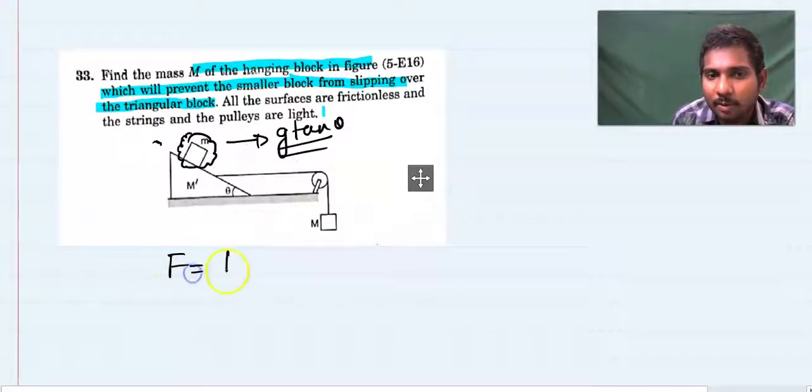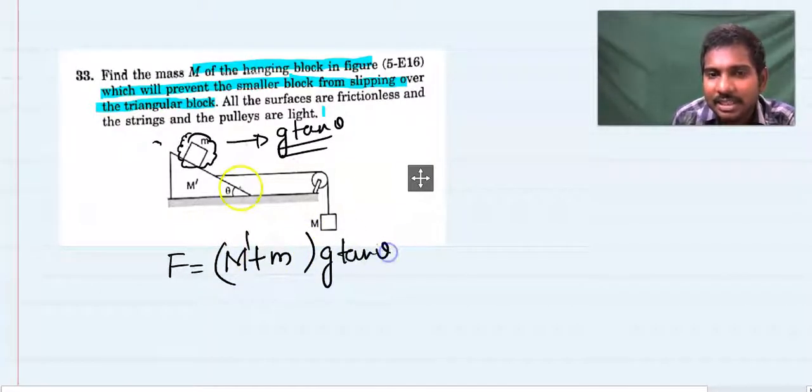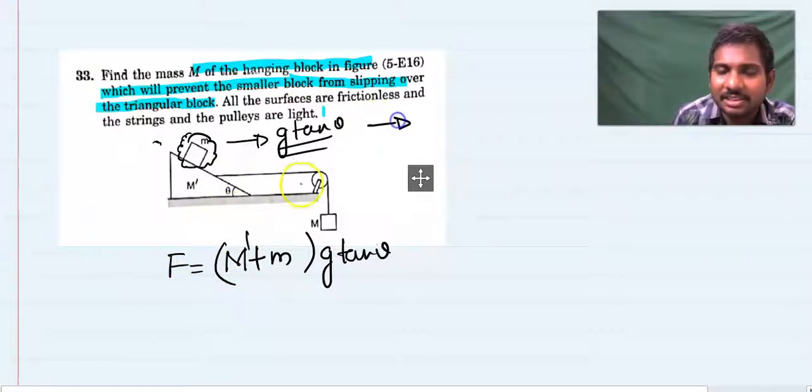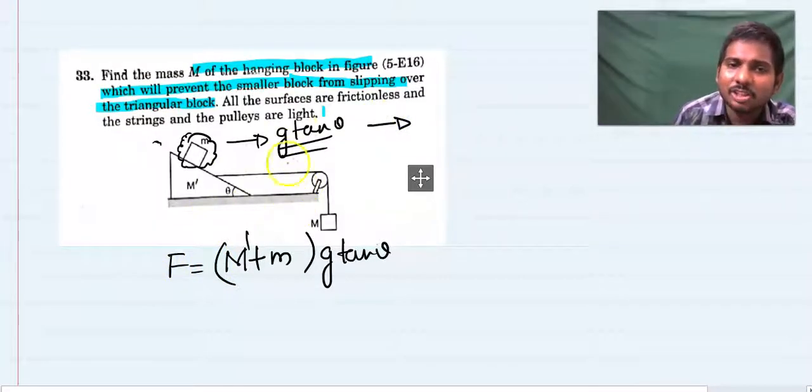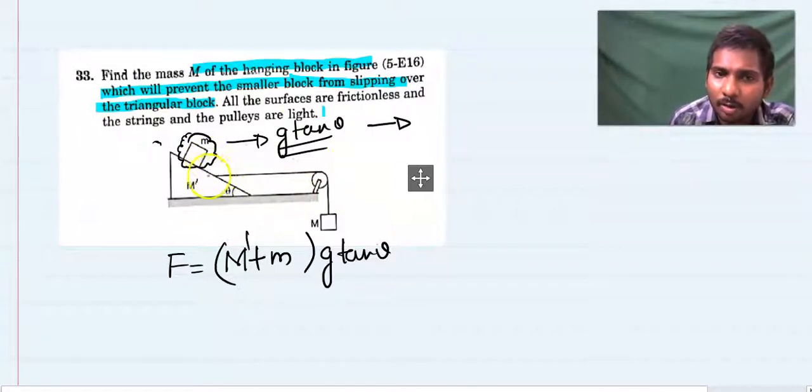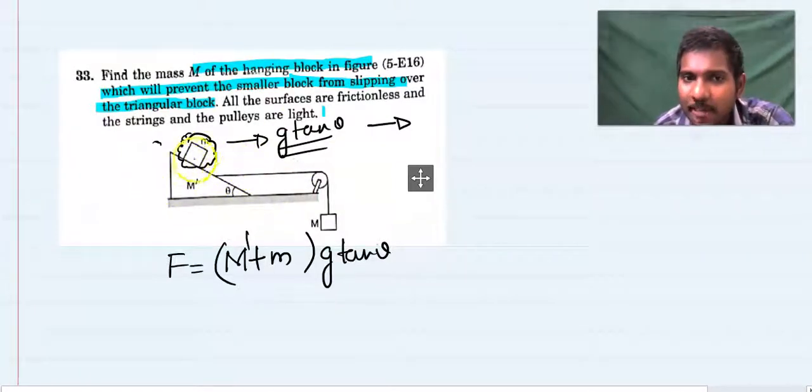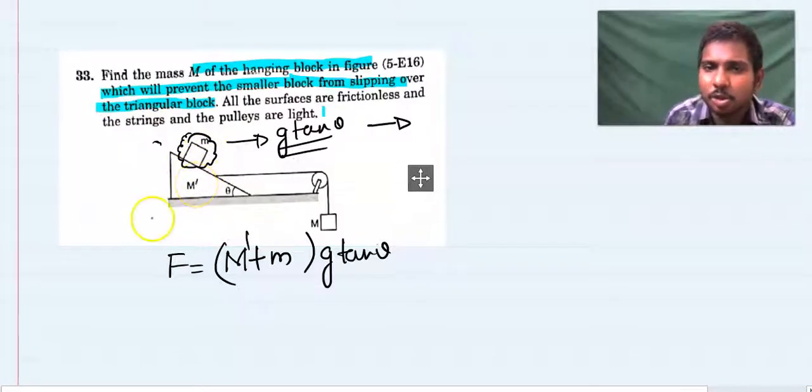That force should be equal to (m' + m) g tan theta. If this force is applied in the right side direction, then there will be an acceleration g tan theta for the wedge, and the block will be at rest with respect to the wedge. Just a continuation to the previous question.